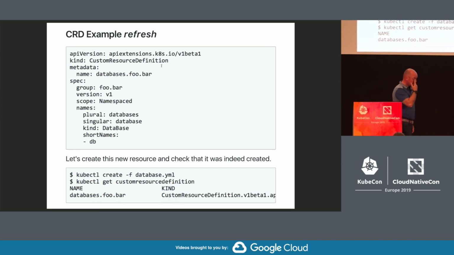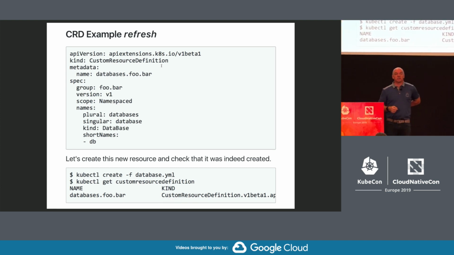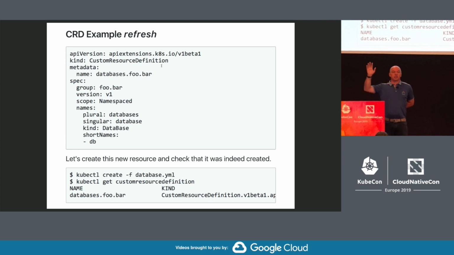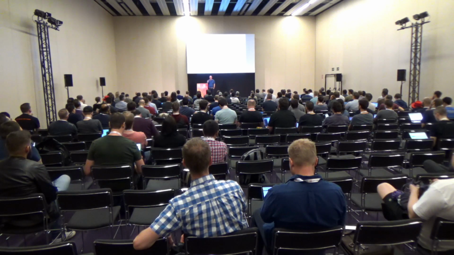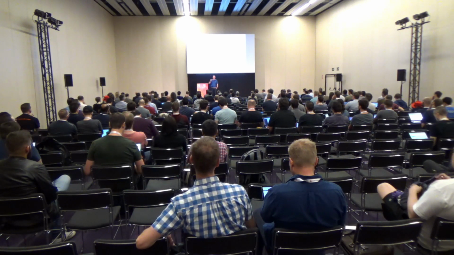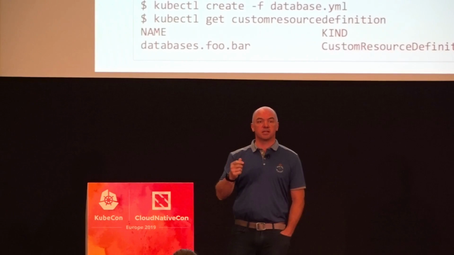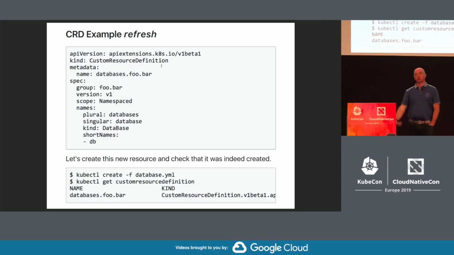And who is familiar with CRDs, right? Custom resource definitions are an API object in Kubernetes that allows you to extend the Kubernetes API. You can customize the Kubernetes API.